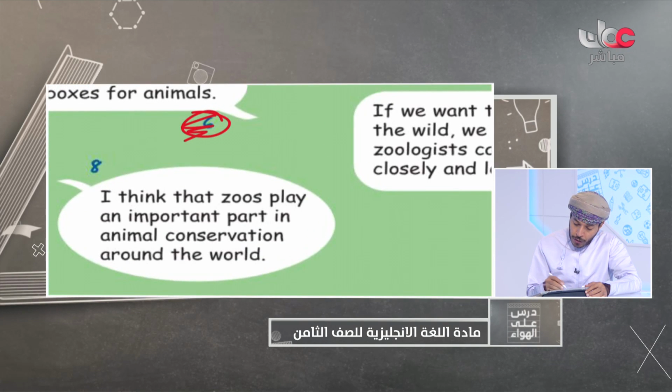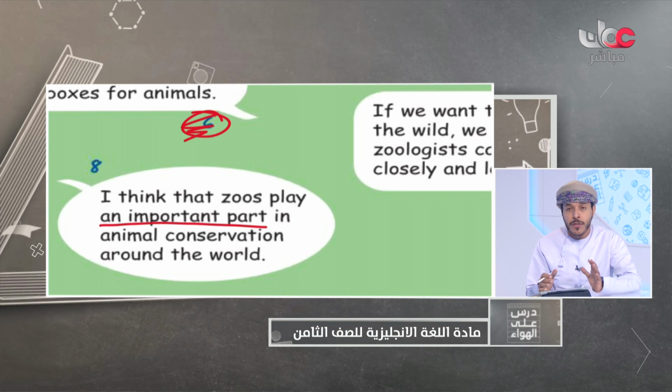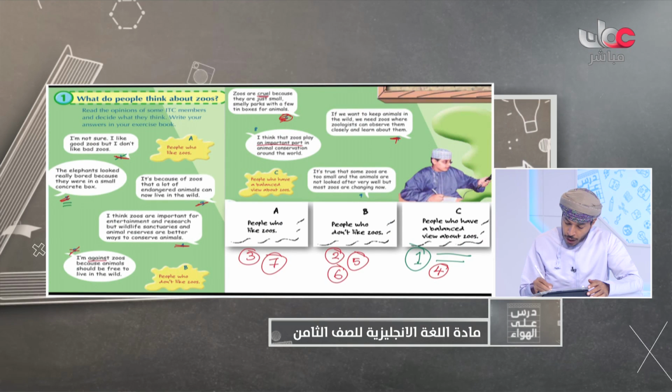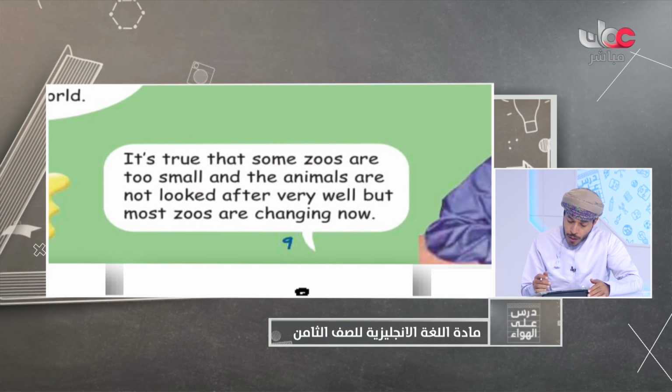For number 8, I think that zoos play an important role or important part in animal conservation around the world. And this one is talking about how zoos are very important, so he likes zoos, and again it's going to be in group A.